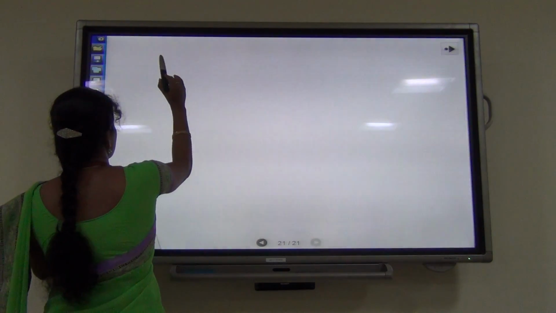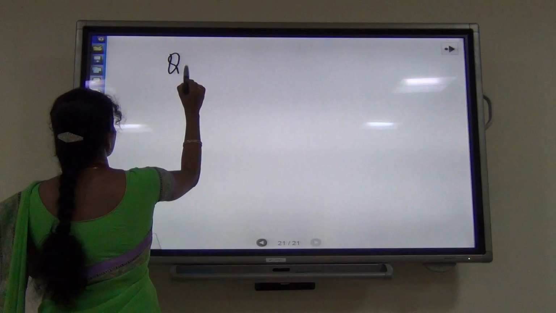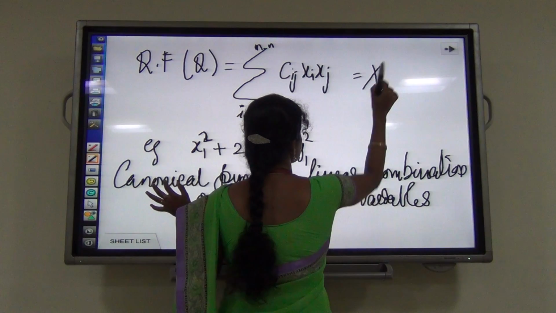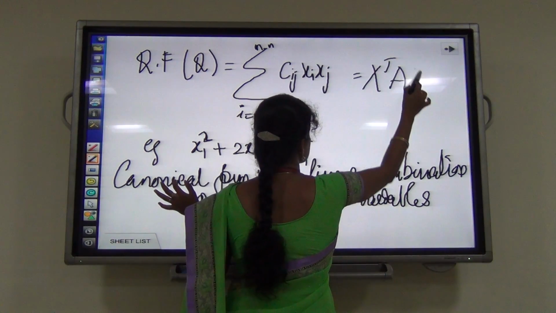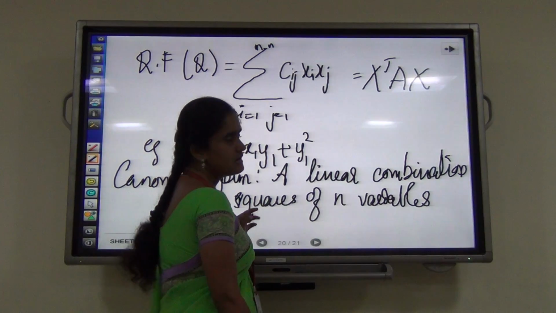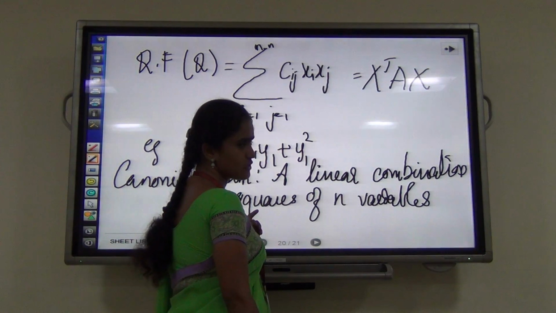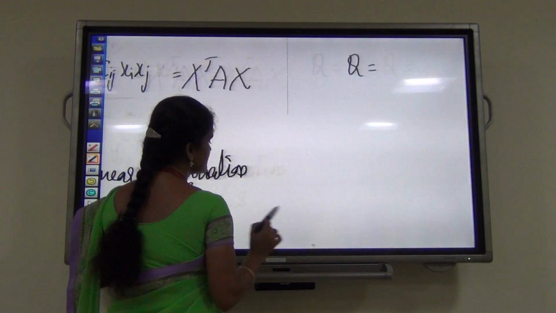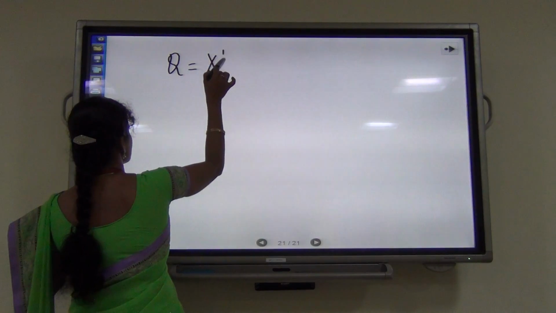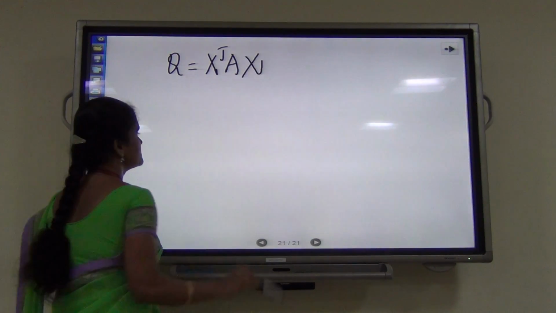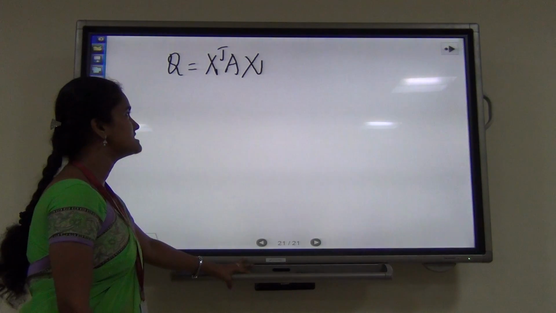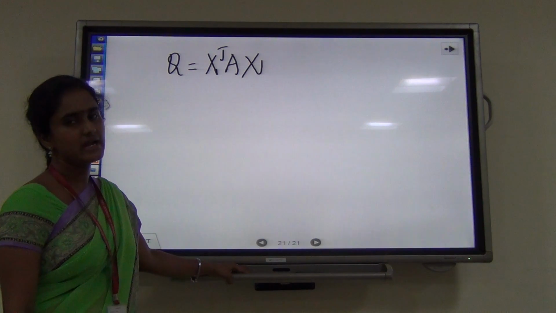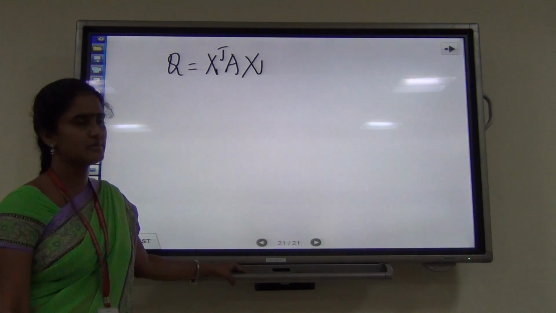As we know, the quadratic form could also be written as x transpose Ax. What is x? It is a column vector, and x transpose is the transpose of the column vector, and as we multiply this we get a quadratic form Q. So let us take a quadratic form Q equals x transpose Ax, a homogeneous polynomial of degree 2. Let us take 3 variables, since we everywhere go with a matrix of order 3, or you can also take 2 variables.